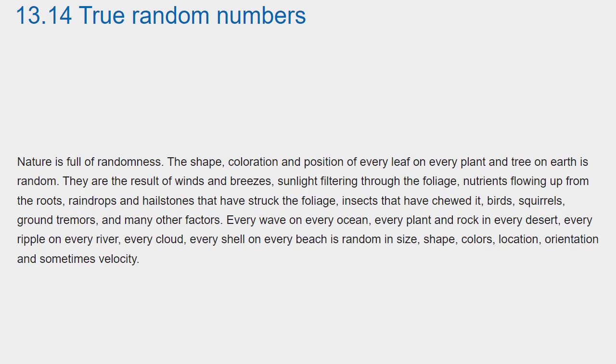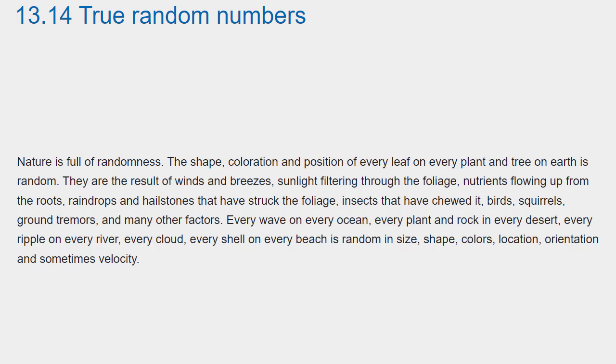Nature is full of randomness. The shape, coloration and position of every leaf on every plant and tree on Earth is random. They are the result of winds and breezes, sunlight filtering through the foliage, nutrients flowing up from the roots, raindrops and hailstones that have struck the foliage, insects that have chewed it, birds, squirrels, ground tremors and many other factors.